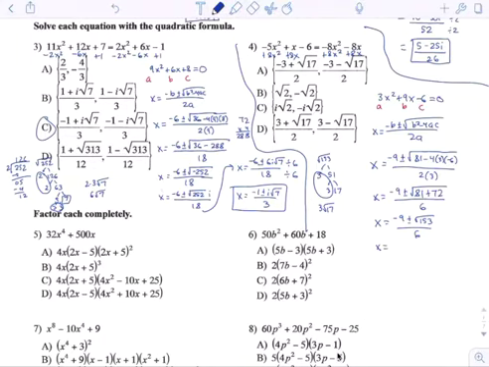So x is going to equal negative 9 plus or minus 3 radical 17 over 6. I notice that top and bottom can be divisible by 3. So we're going to get x is equal to negative 3 plus or minus radical 17 all over 2. The only option for that one seems to be A, so the answer is A.